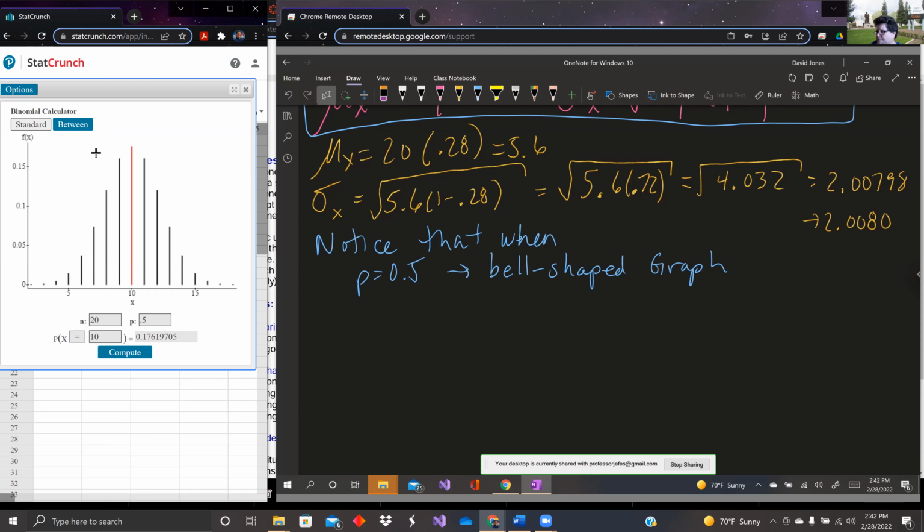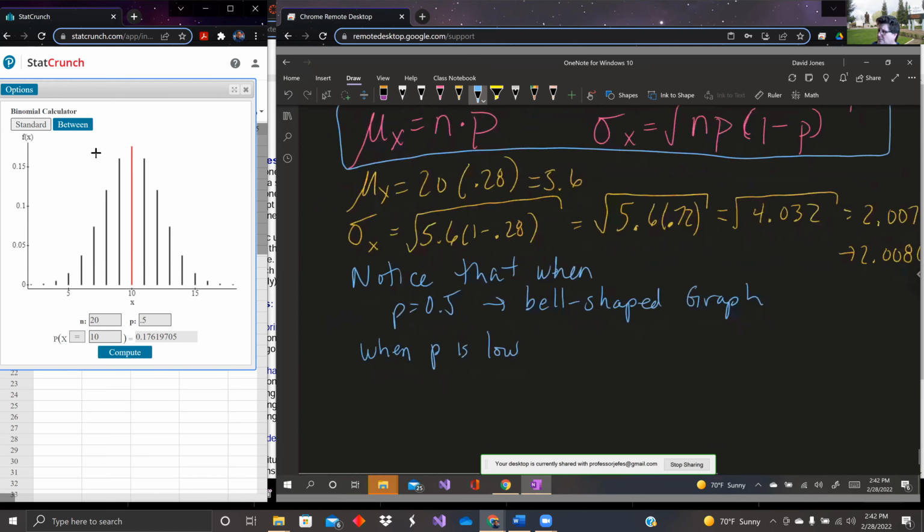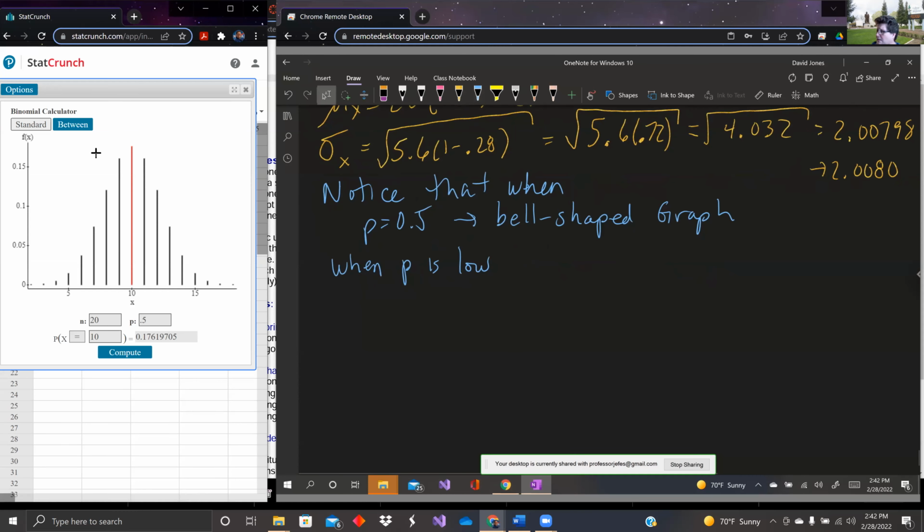Now, when P is really low, let's just throw in a low value and see what happens. Let's see if we can reason through what happens before I do it. If P is low, I'm not likely to hit it.